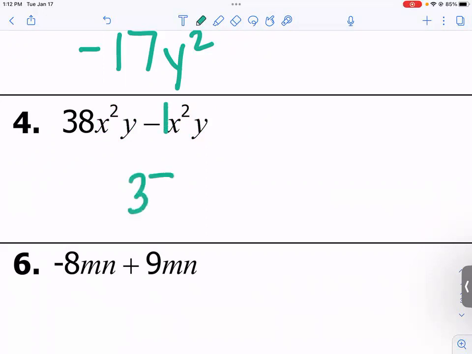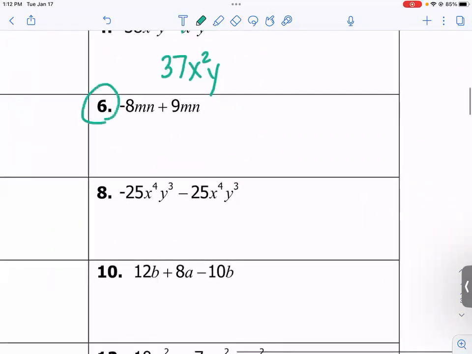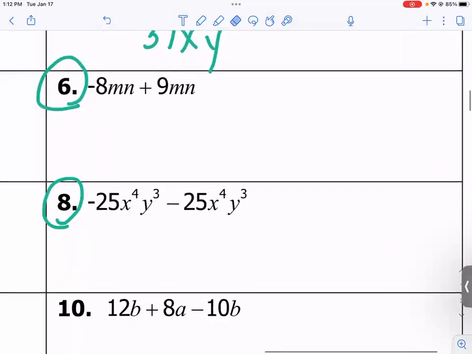So this is 37 x squared y. Do 6 and 8. You and your elbow partner work on 6 and 8.